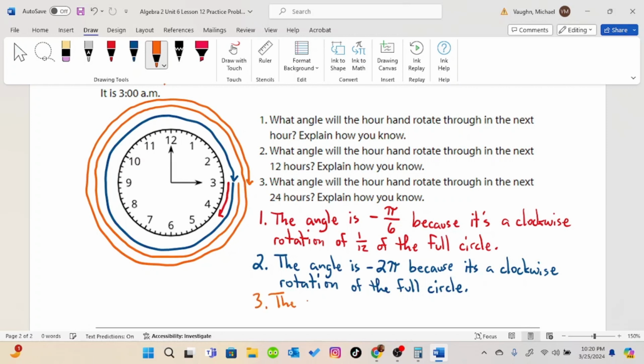The angle is negative 4 pi because it's a clockwise rotation of 2 full circles.